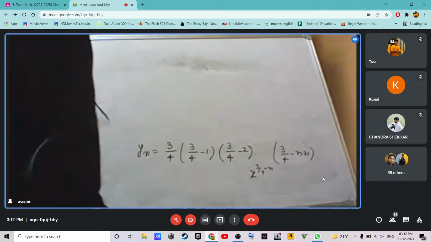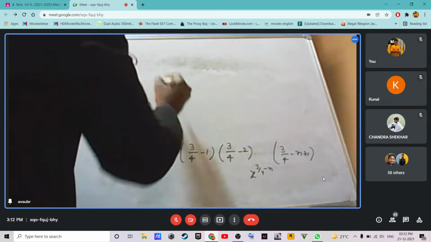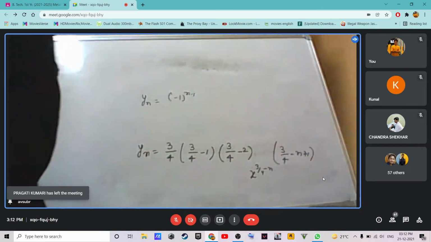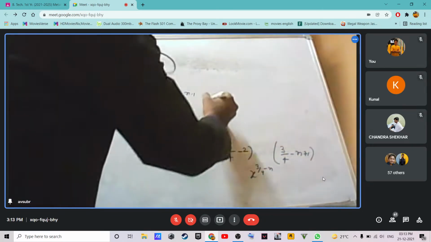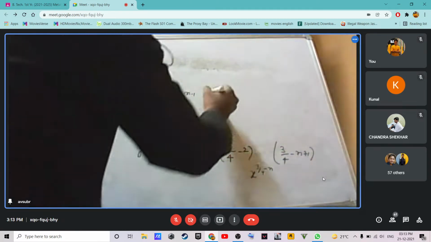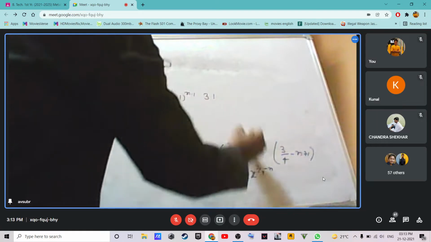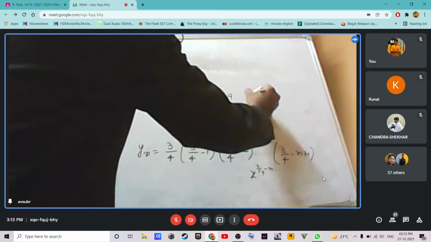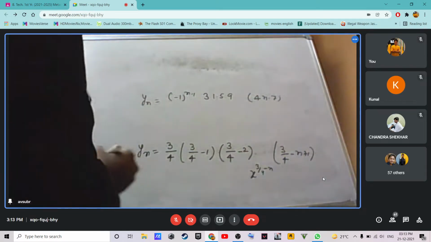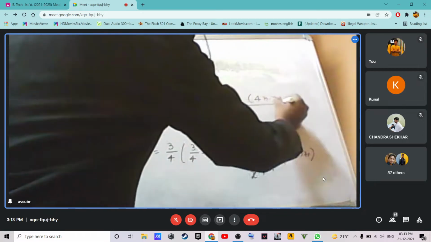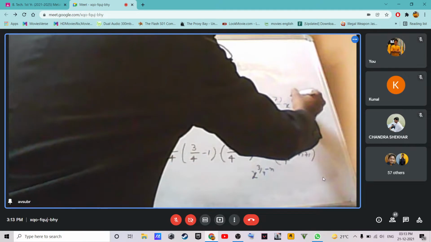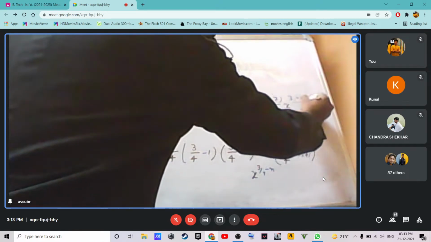So yn will be equal to minus 1 to the power n minus 1, then 3 into 1 into 5 into 9 and so on and so forth up to 4n minus 7, divided by 4 to the power n, x to the power 3 minus 4n by 4.